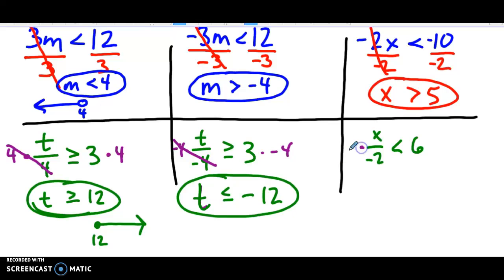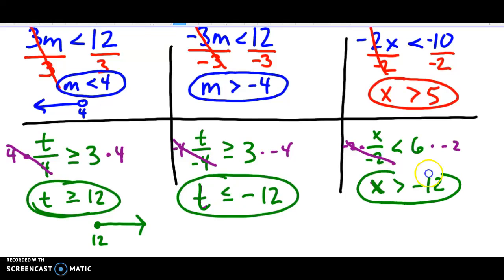Let's check that out in one more example here. To get x by itself, I'm going to multiply each side by negative 2, because that's the opposite of dividing x by negative 2. Those cancel, leaving me just with x. And 6 times negative 2 is negative 12, and I reversed my symbol because I multiplied by a negative.